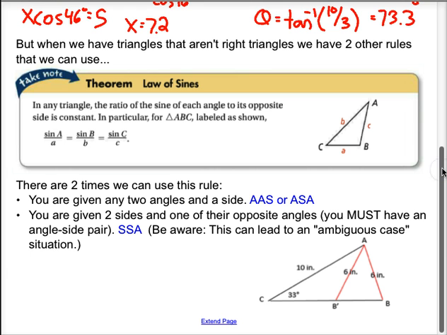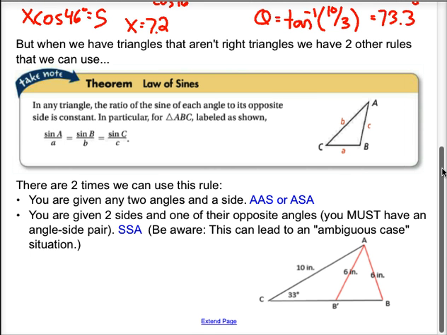There's two rules we can use. Today we're going to focus on the law of sines. That's going to be the first rule because quite honestly, it's just easier to use. Now, law of sines: in any triangle, the ratio of the sine of each angle to its opposite side is constant.